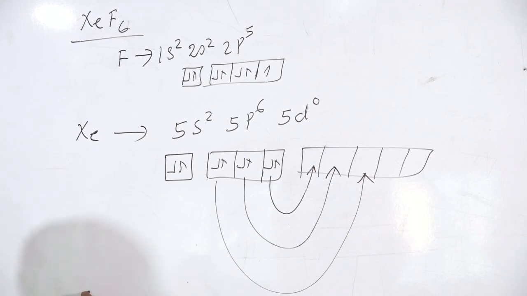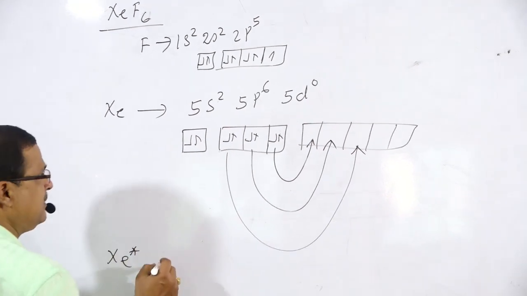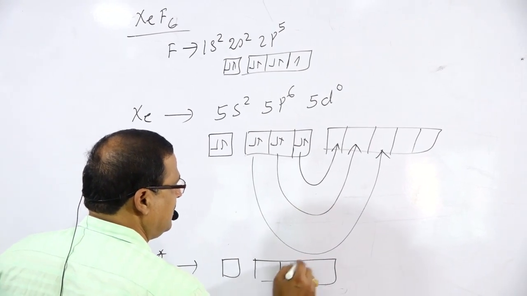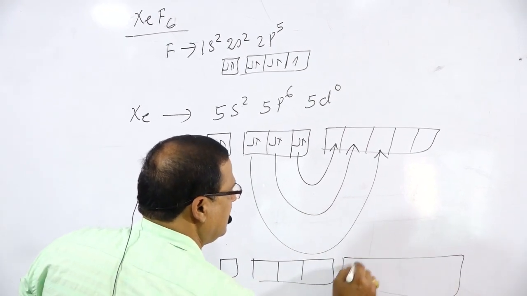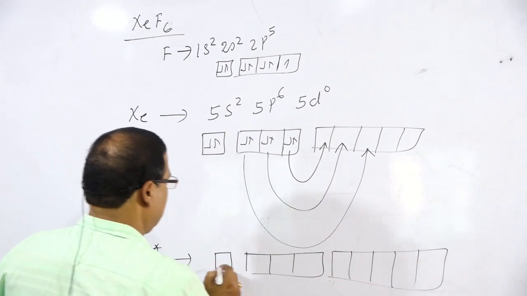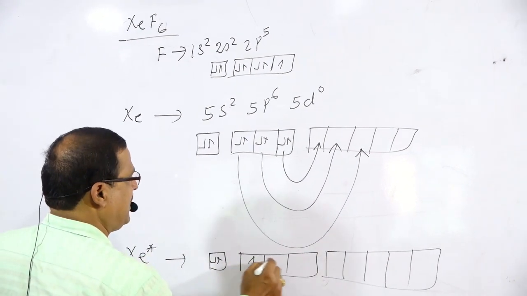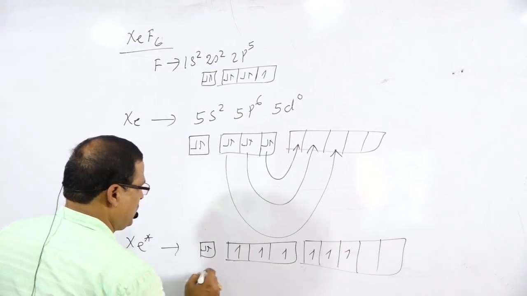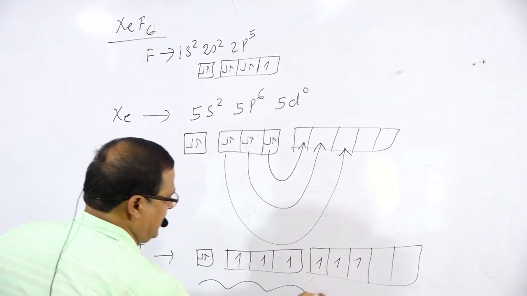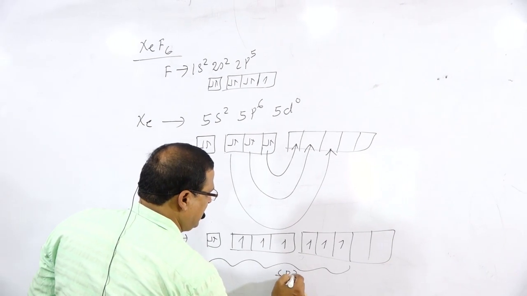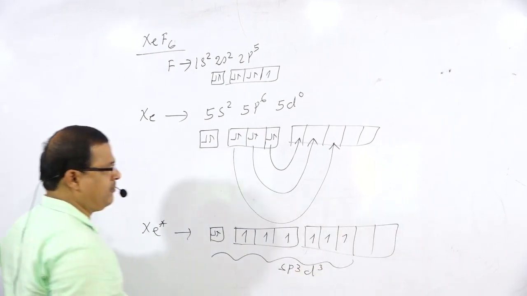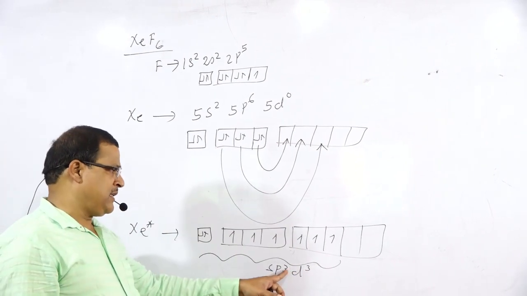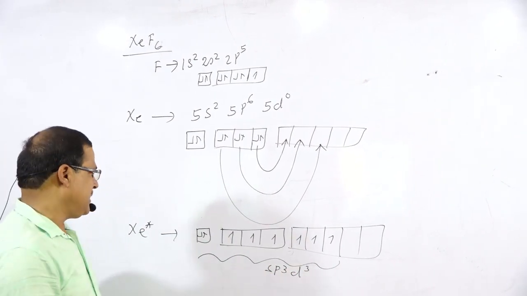In the excited xenon atom, there is one pair and unpaired electrons. The hybridization is sp3d3, so the number of hybrid orbitals is 3 plus 3 plus 1, that is 7.